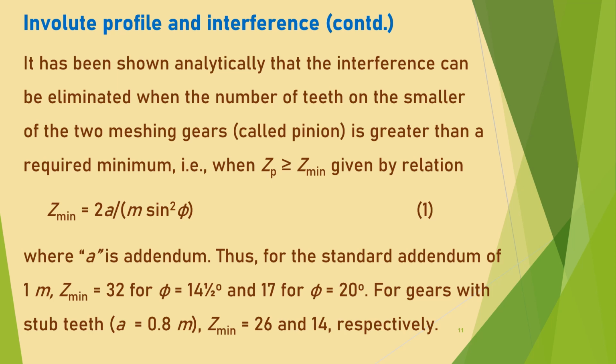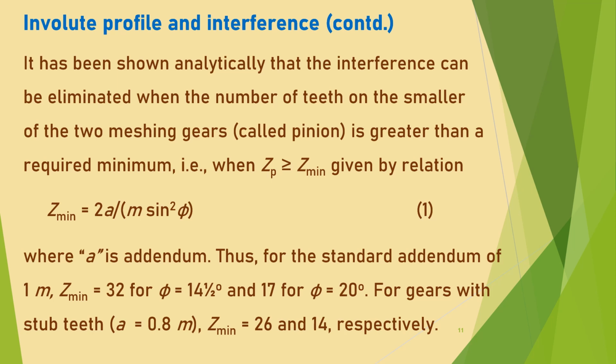It has been shown analytically that the interference can be eliminated when the number of teeth on the smaller of the two meshing gears, which is called the pinion, is greater than a required minimum. That is, when Z pinion is greater than or equal to Z minimum. Z minimum is given by the relation Z minimum equals 2 times addendum divided by module multiplied by sine square phi, where A is the addendum.